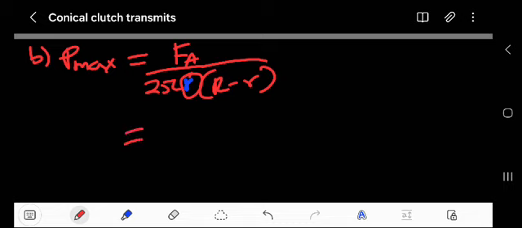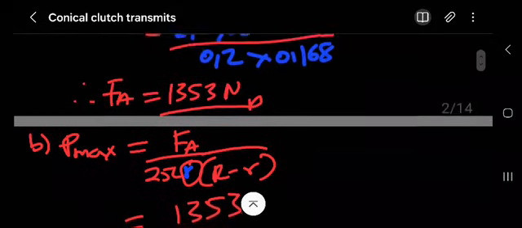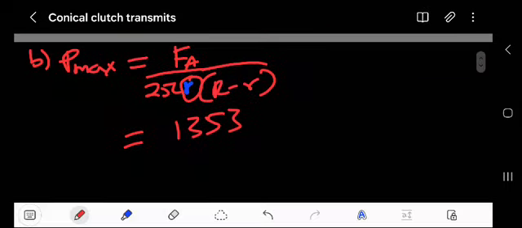So nevertheless, let's calculate our maximum pressure. The axial force we calculated is 1353, divided by 2 pi.